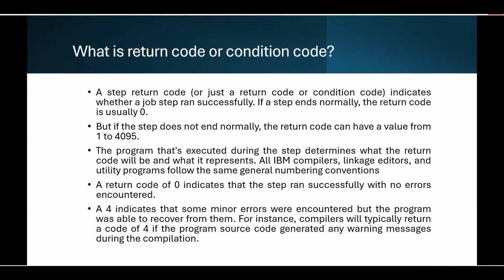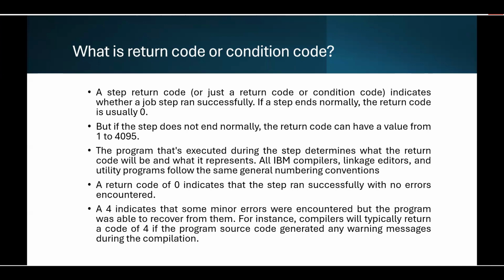So most of the time you will also encounter a return code of 4, but your program will get executed, or that particular job will get executed. Why? Because there are some minor errors, but the program was able to recover from them, and that's why the job step is executed.